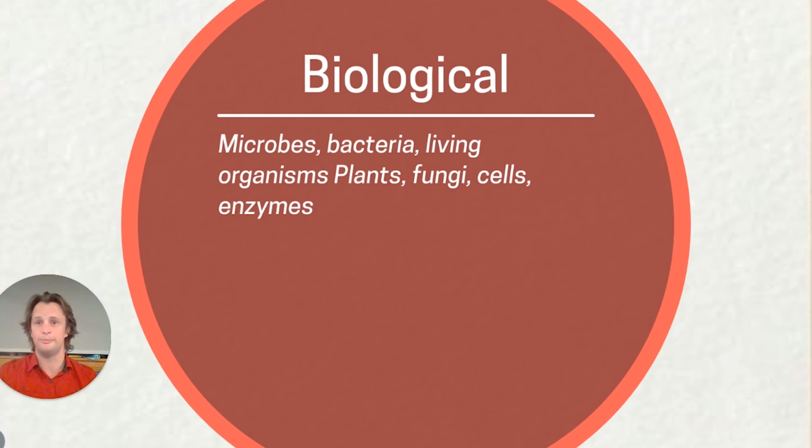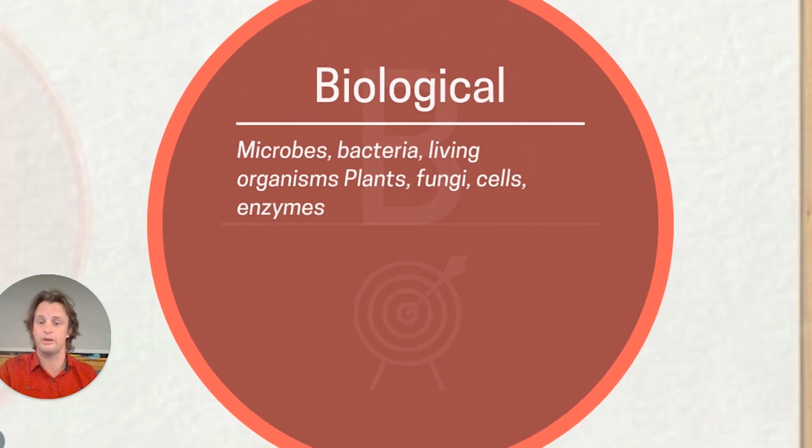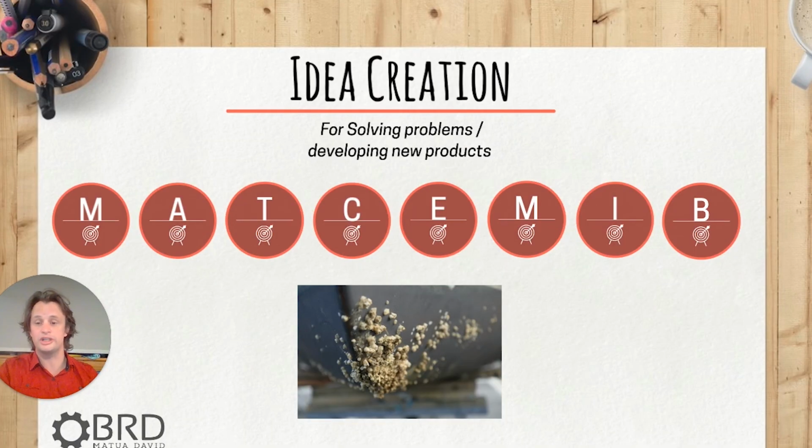We've got our biomass reactors that are part of those that break down organisms and solve these problems for us. It's a really good kind of often out in left field. We don't normally think about it, but there's a whole bunch of things happening here that we can use to solve problems. And that, in a nutshell, is MATCEMIB.